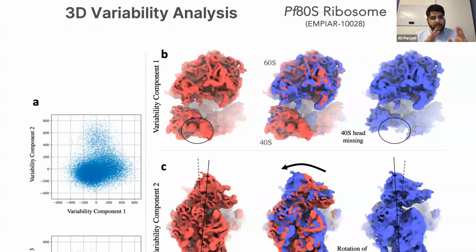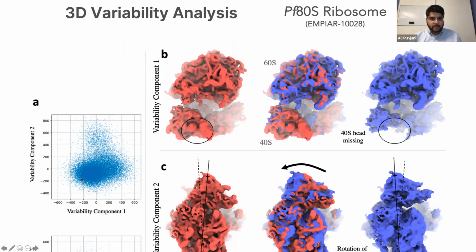We can say that the two types of motion both happen, and the two types of motion are orthogonal in the sense that they're describing different kinds of change in the density. But across the particle data, when we look at the distribution of particles across the variability conformation space, this scatter plot will often, just like this one, have a structure that shows us that these variability components are not independent.